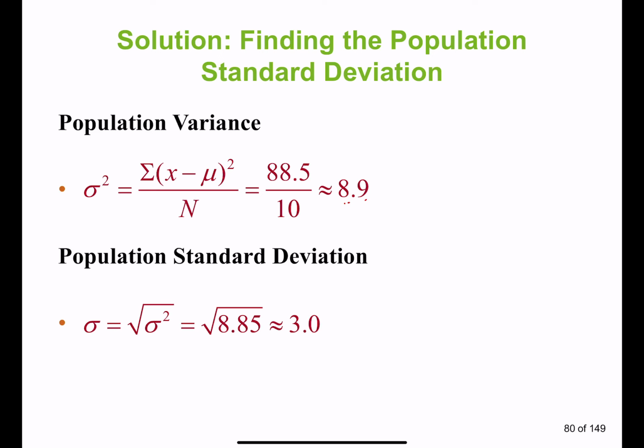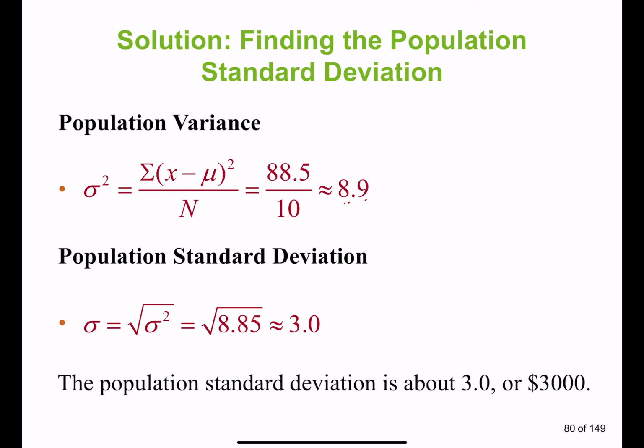Now, population standard deviation, we said it's always equal to the square root of variance. So the square root of 8.85 will give you approximately 3, which means if the standard deviation for the hiring salary for the population is $3,000, we can say that the given company is hiring from 41,500 plus or minus $3,000.